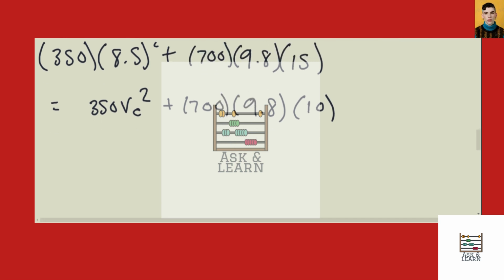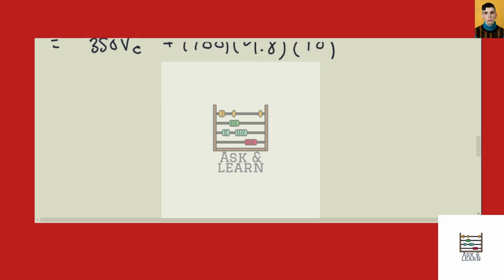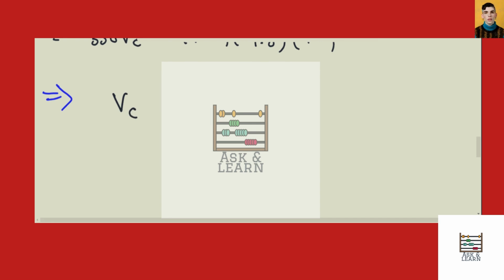So now we can solve for VC by plugging all this into the calculator, and we get VC, the velocity at C, 13.1 meters per second.